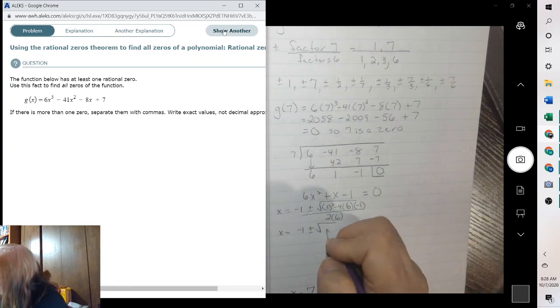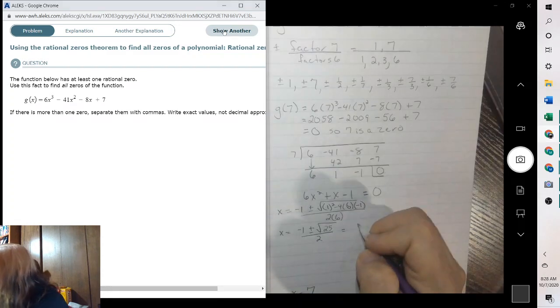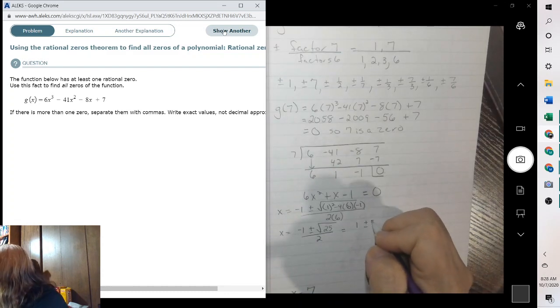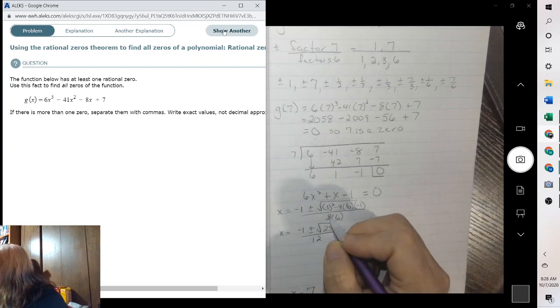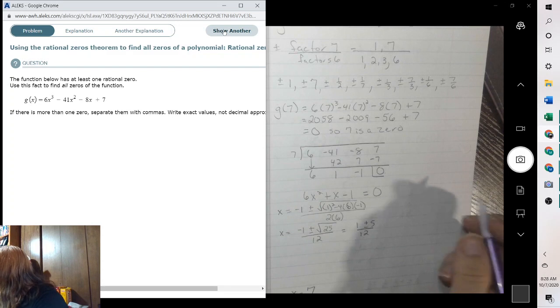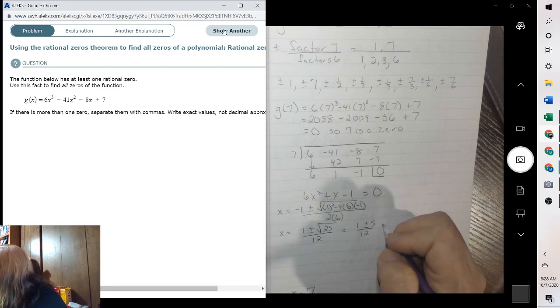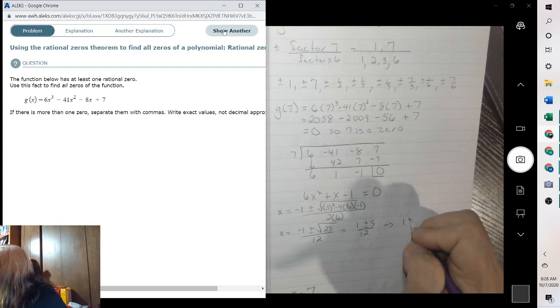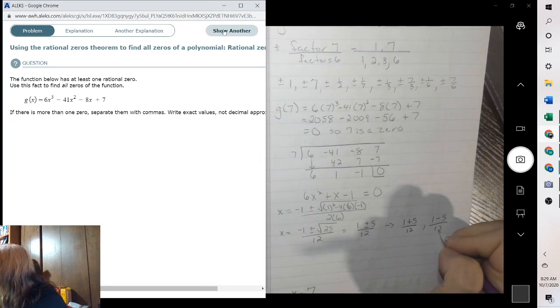This will be 25, so the square root gives 5. 2 times 6 is 12. And then that gives us 1 plus 5 over 12 and 1 minus 5 over 12.